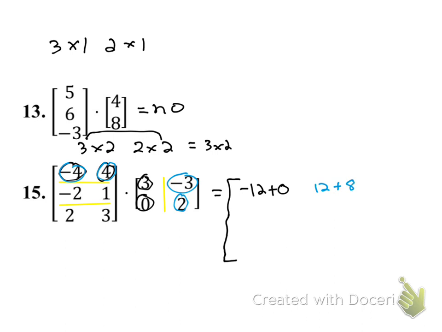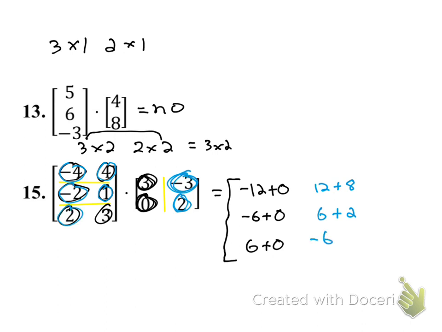All right. -2 times 3, -6, plus 1 times 0 is 0. -2 times -3 is 6, plus 1 times 2 is 2. And then 2 times 3 is 6, plus 3 times 0 is 0. 2 times -3 is -6, plus 3 times 2 is 6.